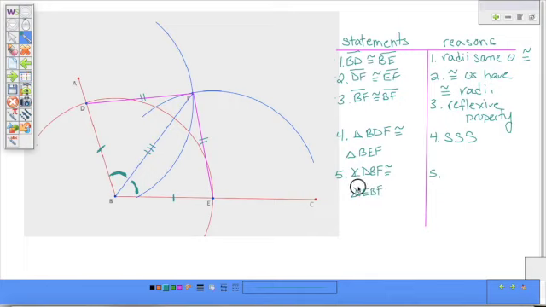Why do I know those two are congruent? They're matchy-matchy parts of congruent triangles. But in math class, we like to say corresponding parts of congruent triangles are congruent. One more time. Corresponding parts of congruent triangles are congruent.